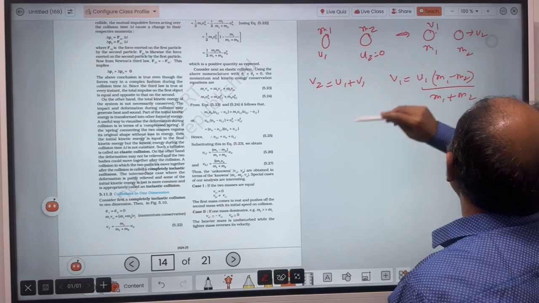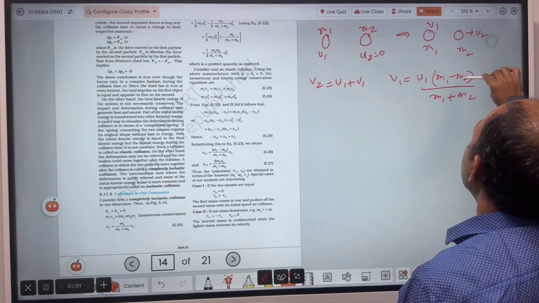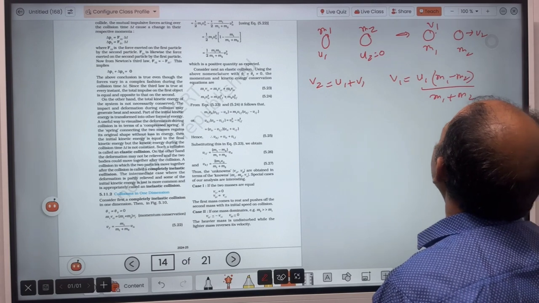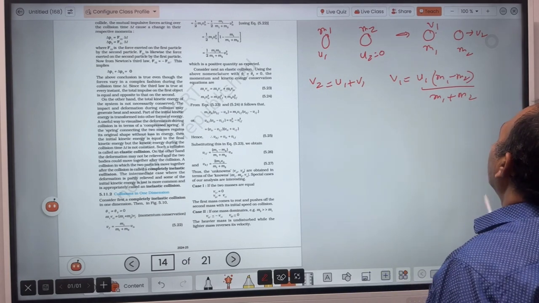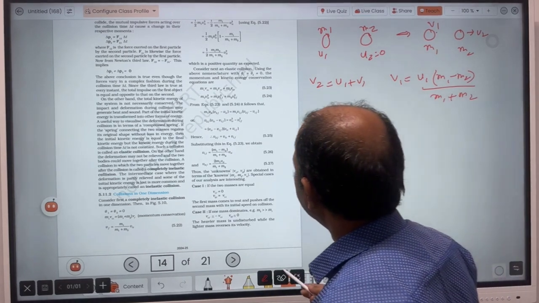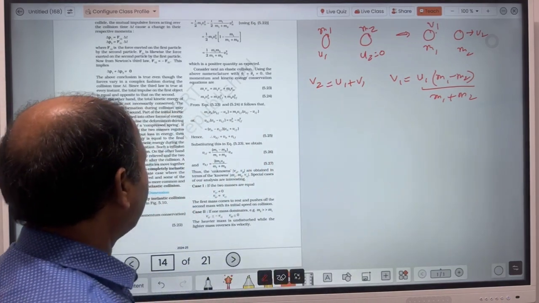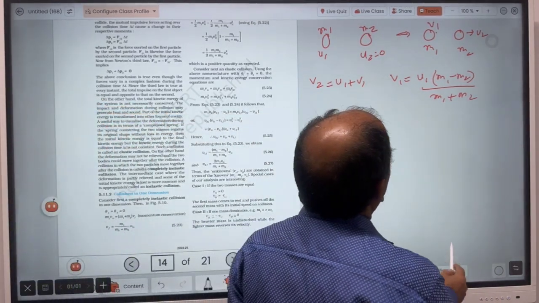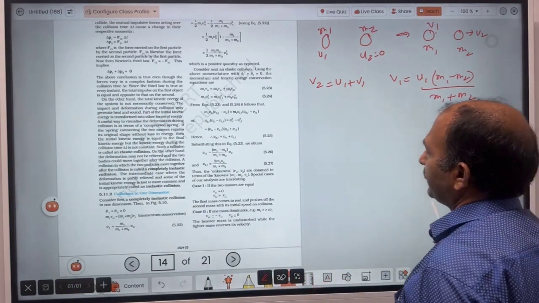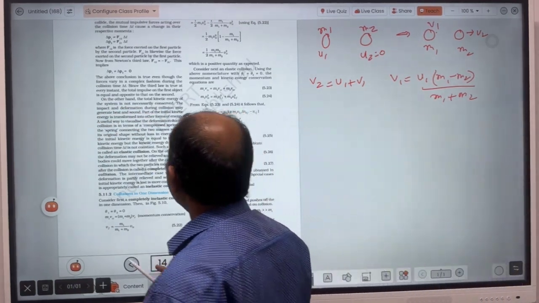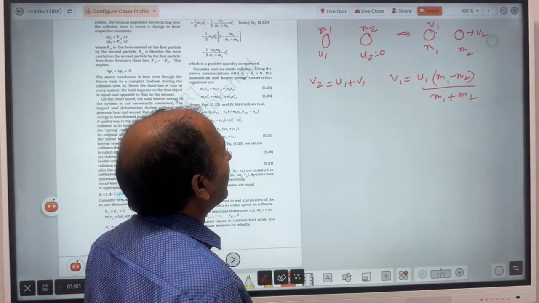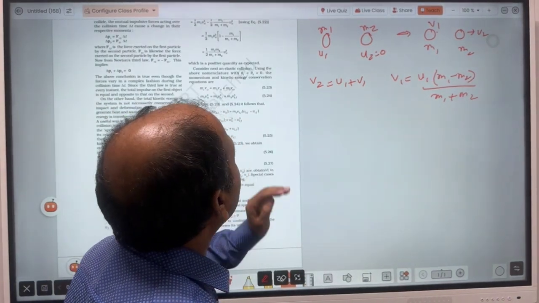Another situation, if m1 is very large as compared to m2, so we can neglect m2. There is no other case in your syllabus now, so you just understand up to here. Earlier in the syllabus different situations were there, but now it is removed from your syllabus.